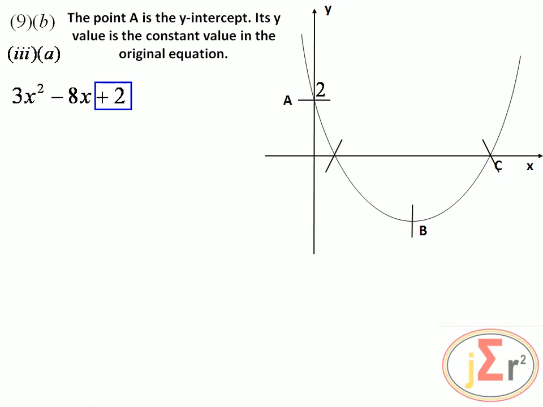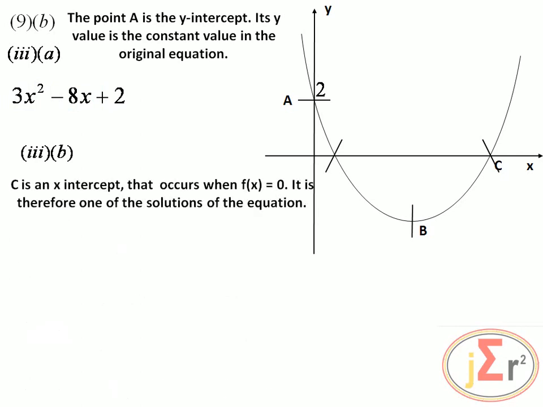Therefore, we are sure that 2 is the y-intercept, and we have inserted it right there. We have something else. C is an x-intercept. Why an x-intercept and not the x-intercept? Because we have an x-intercept right here, and we have another x-intercept right there.